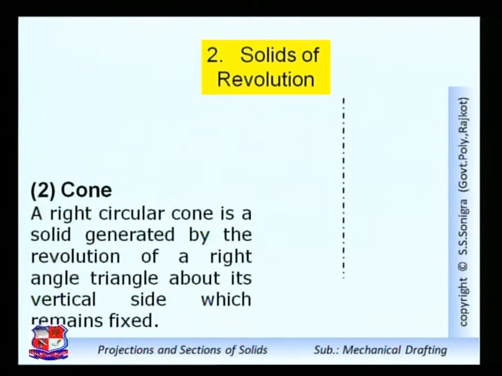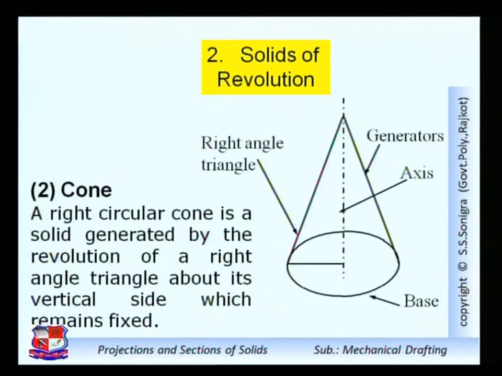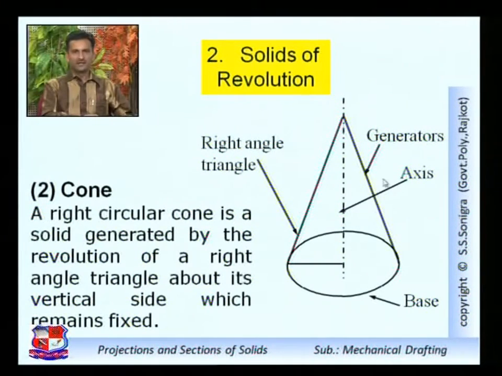So this is the axis of the cone, and about this axis, this right angle triangle is rotated. This vertical side, so it forms a cone, and this circular base is called the base. This slant edge is called the generator, and this is the axis of this cone.